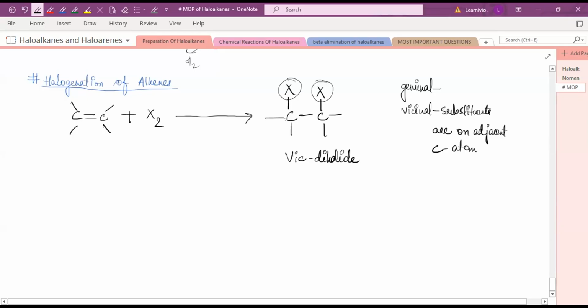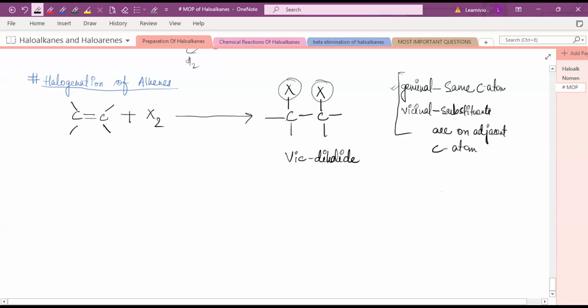And what is geminal? This word is used when the substituents are present on the same carbon atom. When the substituents are present on the same carbon atom, then we call it geminal.